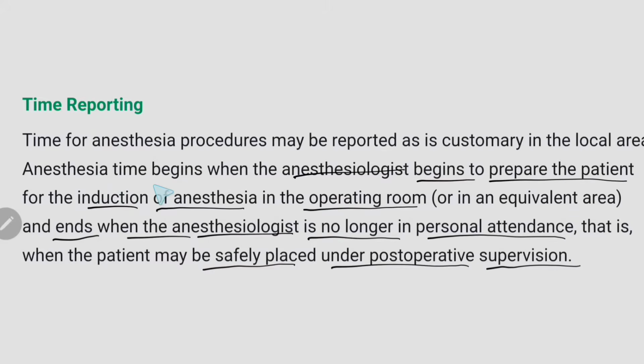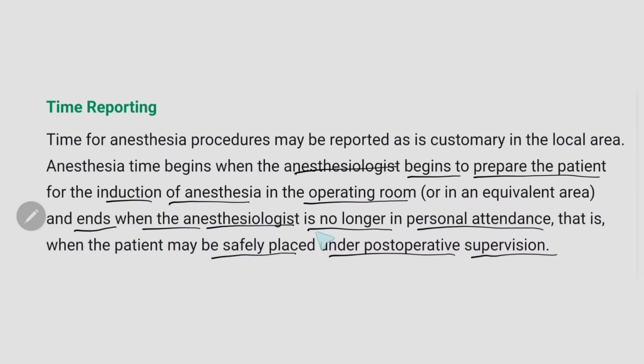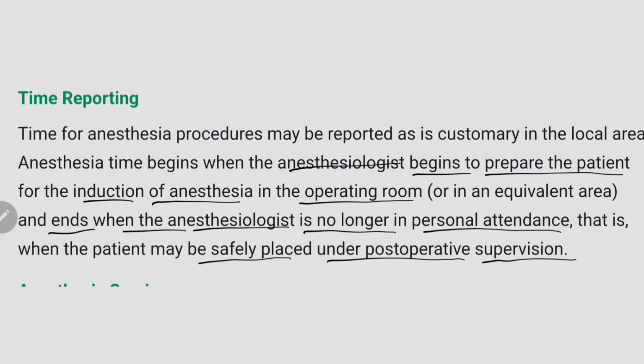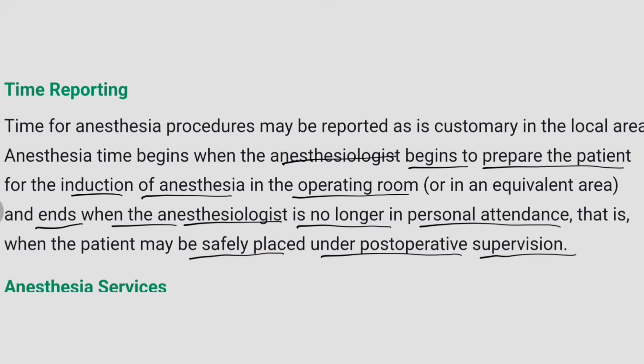You have to check the time when the anesthesiologist begins to prepare the patient, and it ends when the anesthesiologist is no longer in personal attendance and the patient may be safely placed under post-operative supervision. An important thing is, it is not enough if we know how to calculate time. We must also know how to convert it into units. So, remember that 1 unit is equal to 15 minutes.